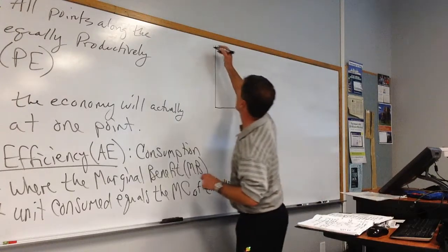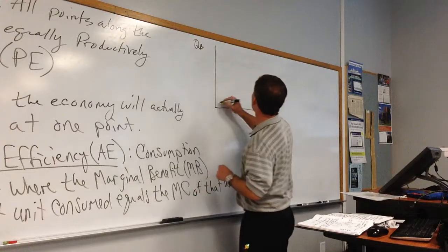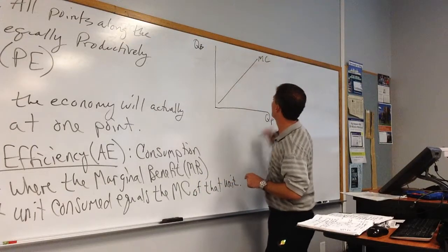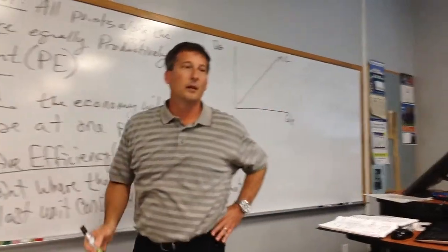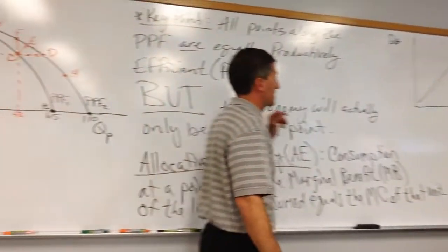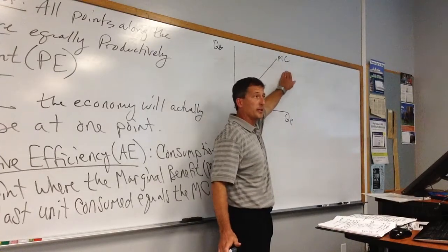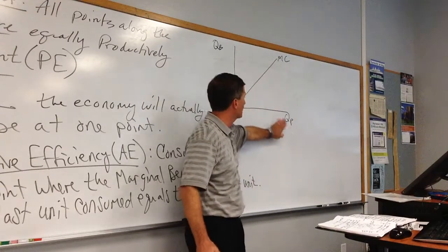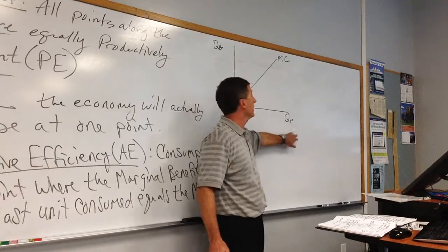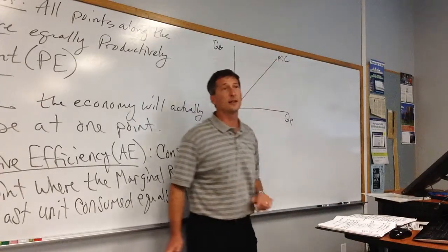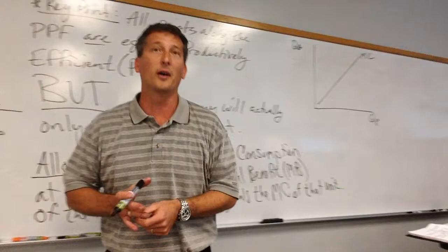I'm just going to generically draw that marginal cost curve that we had, that I motivated with the production possibilities frontier. This time you can be a little sloppy. We're not using the exact same numbers. Just put an upward sloping marginal cost curve, the law of increasing costs, with quantity of pizza down here. The cost of pizza is going up as we consume more and more of it.